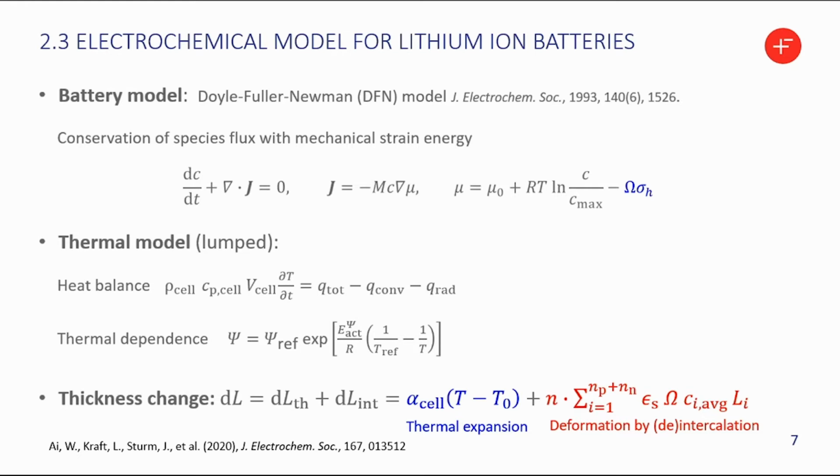The thermal model is based on the heat balance, where the cell average temperature is controlled by the reaction heat minus the convective heat and the radiation heat. The electrode material properties show thermal dependence, where the Arrhenius law is applied. The thickness change of the cell is controlled by thermal expansion and the deformation by intercalation from the mechanical model.